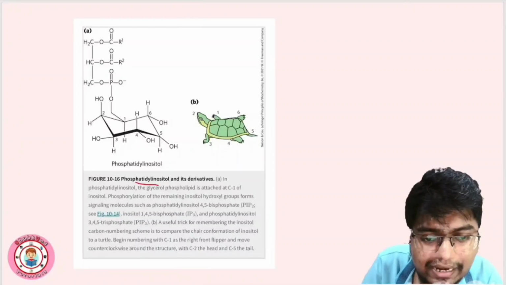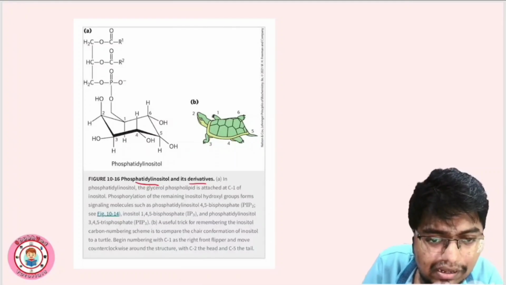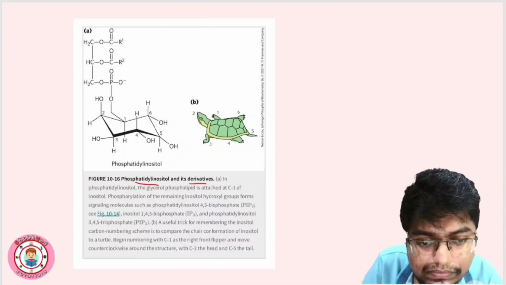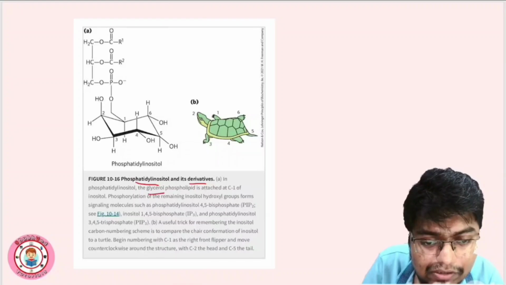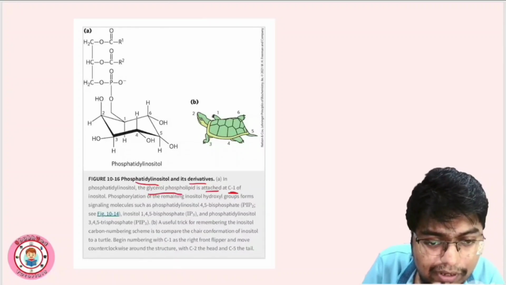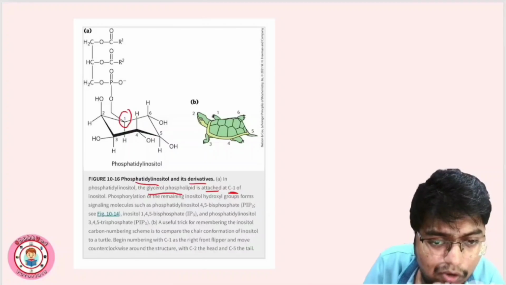Now we are starting with the next section, that is phosphatidylinositol and its derivatives. You can see here this is the phosphatidylinositol molecule. So in this, the glycerol phospholipid is attached at C1. Right, you can see this is C1. इस पे glycerol molecule attached है.